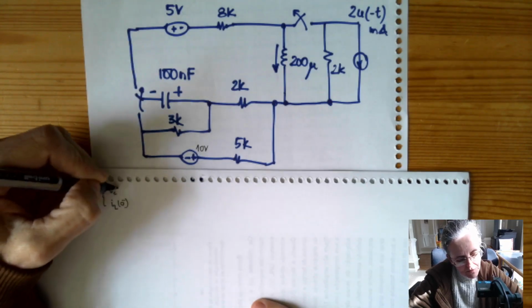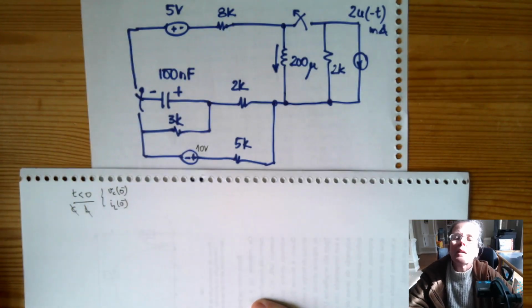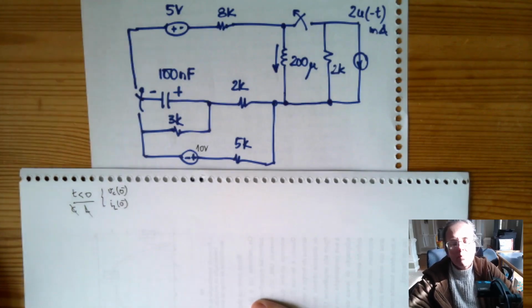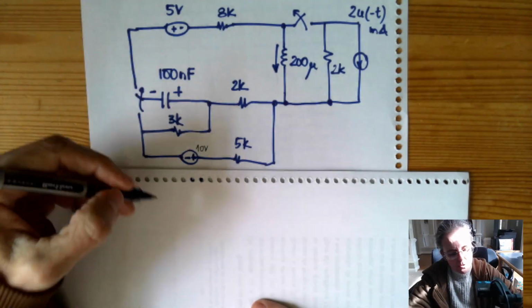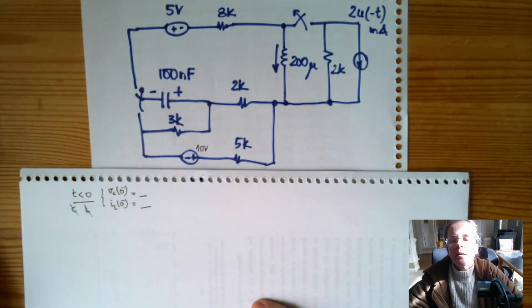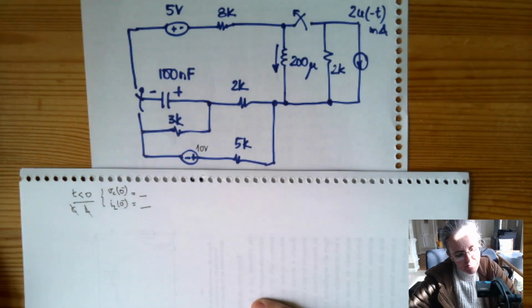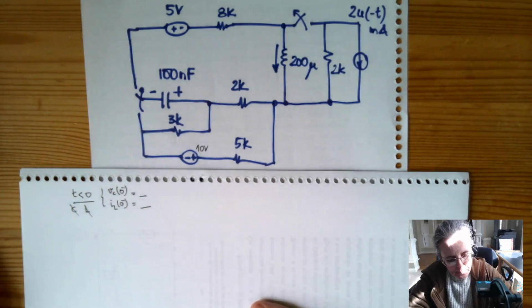The idea is that we find scalars at 0 minus. Once we go to t larger than 0, these two values will move over. They magically transcend time, only at 0.